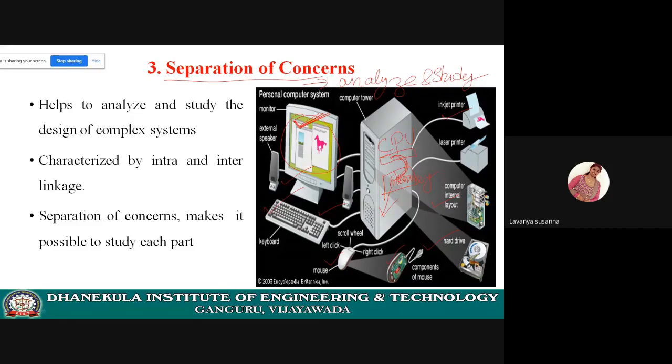It should communicate with the memory unit, right? Without the communication, the function will not happen. I hope you understood. This is a very important feature which you need to consider as a developer, during the development or design of a complex system.